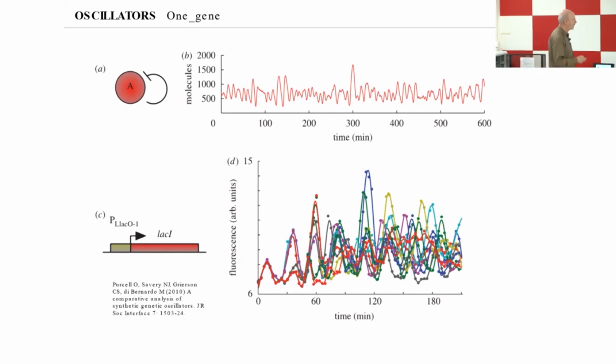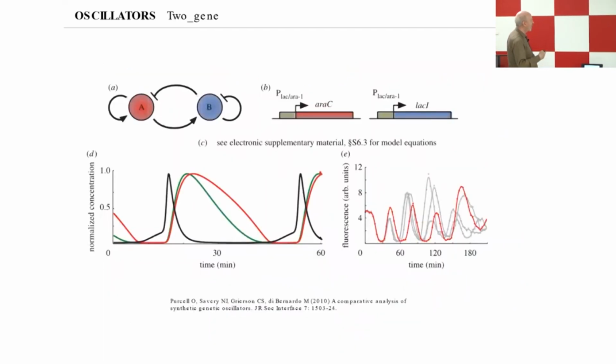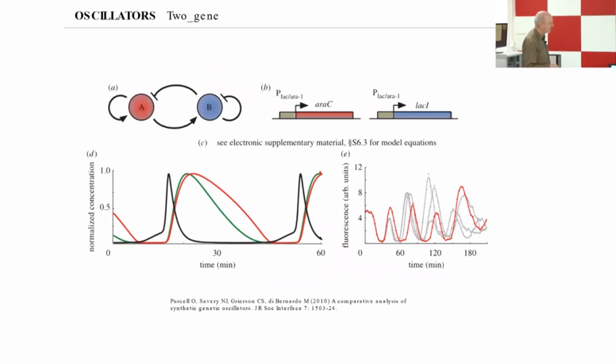Obviously, as we are in a biological system, the oscillations are not so perfect and not so beautiful as you have in an electronic signal, but still you have this kind of pattern and behavior that corresponds to this specific configuration. Well, you can go on, and instead of having an oscillator with one gene, you can have oscillations with two genes. For instance, in this case, you have here A and B.